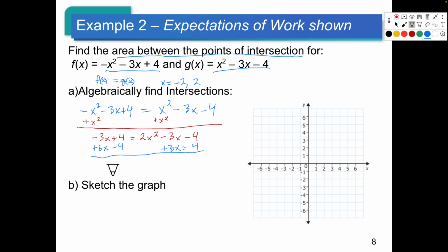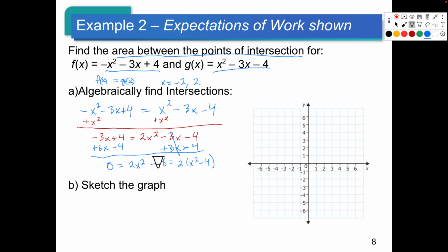Okay, so then we get 0 equals 2x squared. These guys cancel. We get a minus 8. That was a minus. You could factor out a 2. So this becomes 2x squared minus 4.